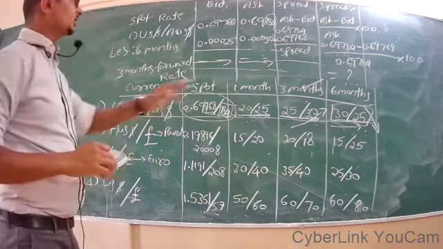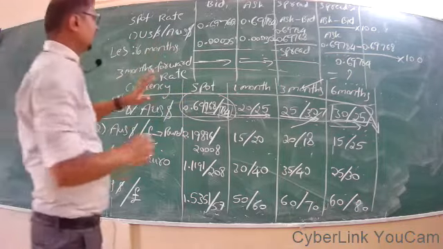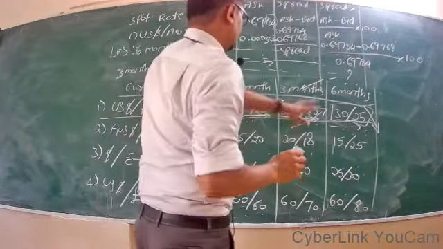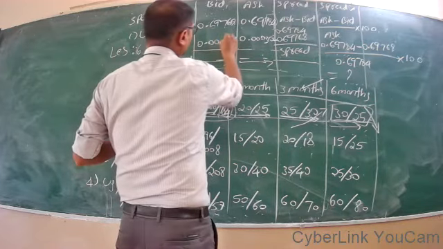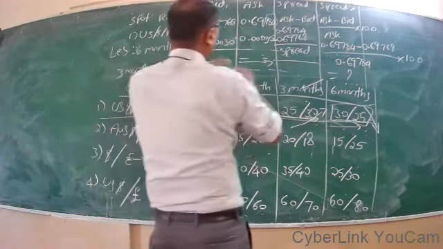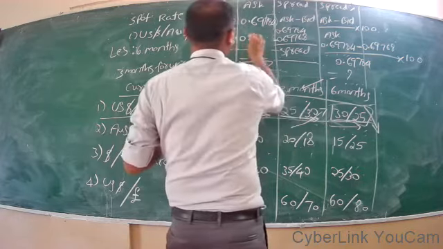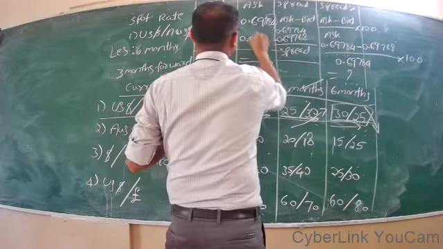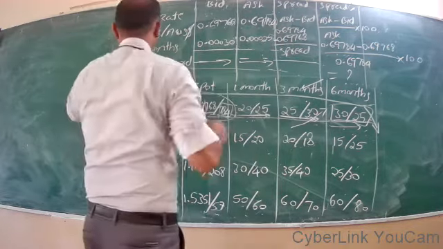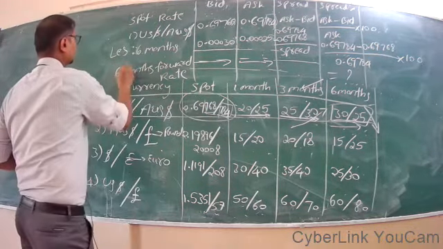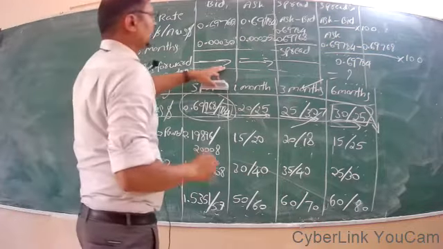the 6 months swap point, or 6 months outright point, as 30, 0.00030 from the ask price 0.00025. So the answer you are getting is the 6 months forward rate.